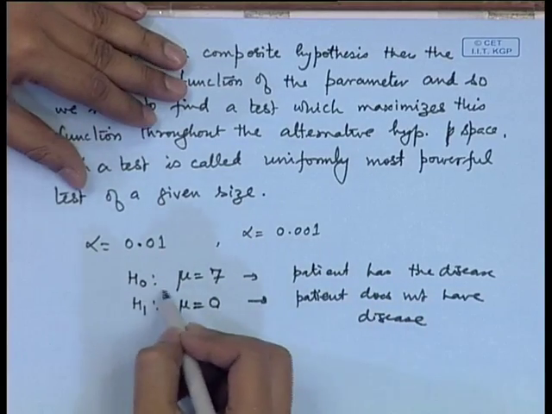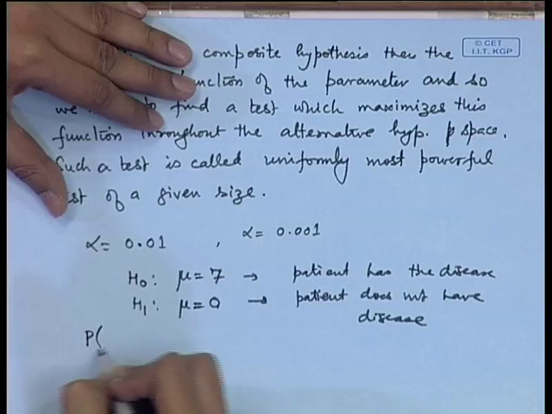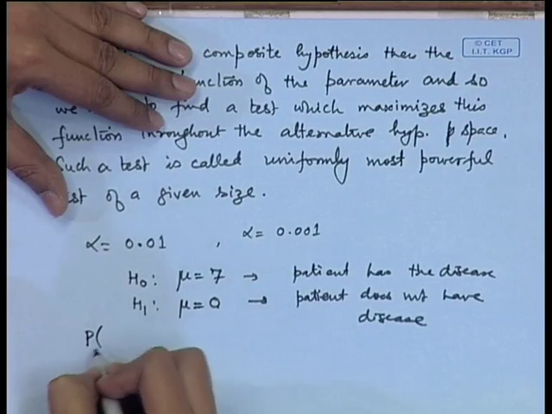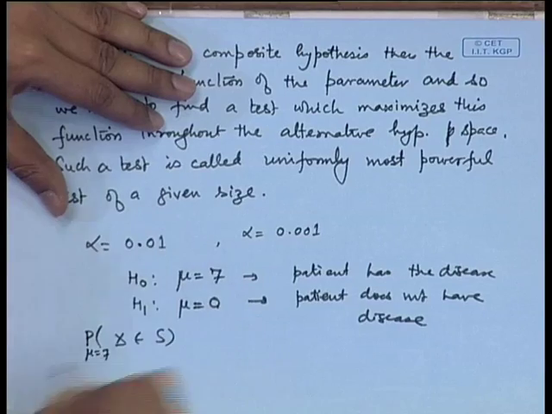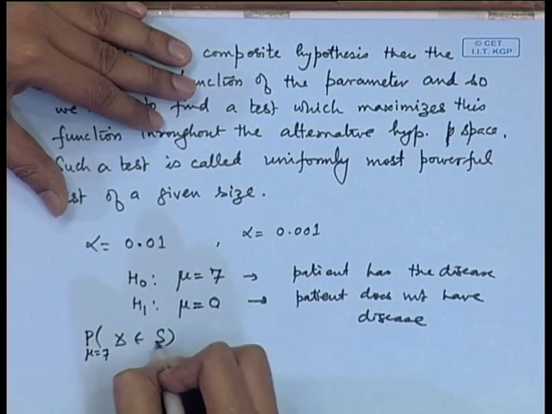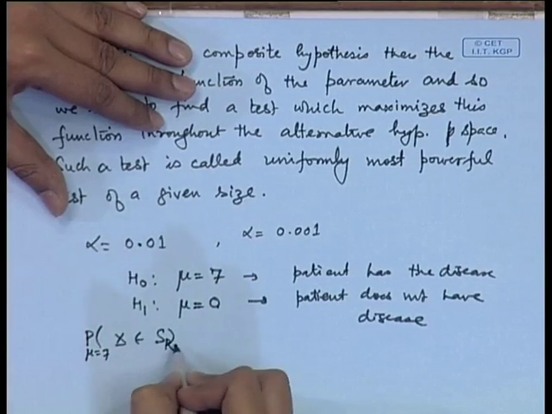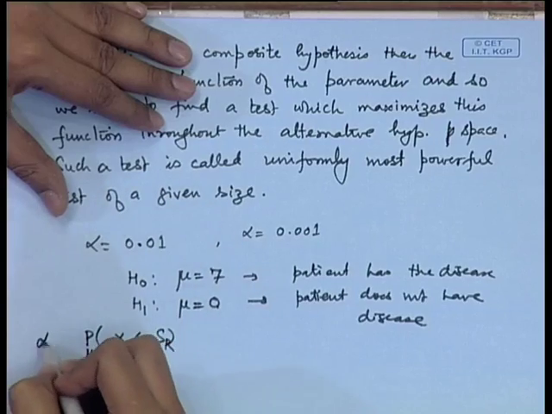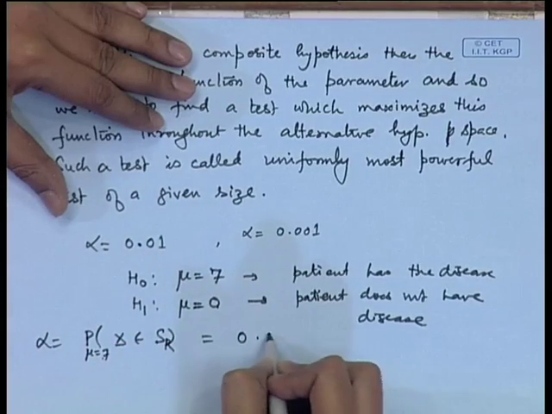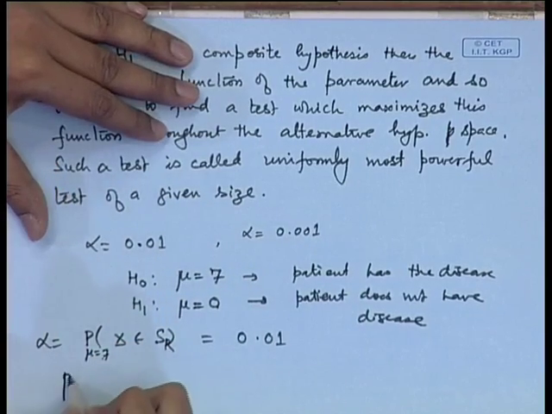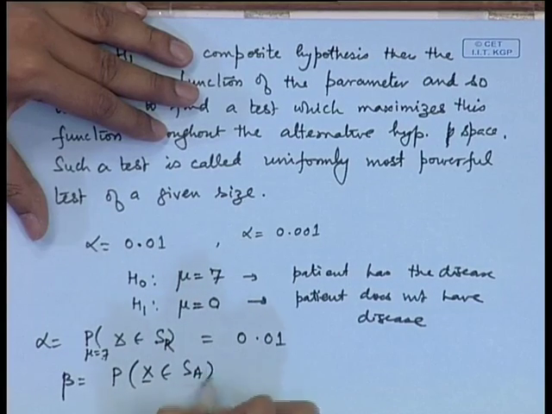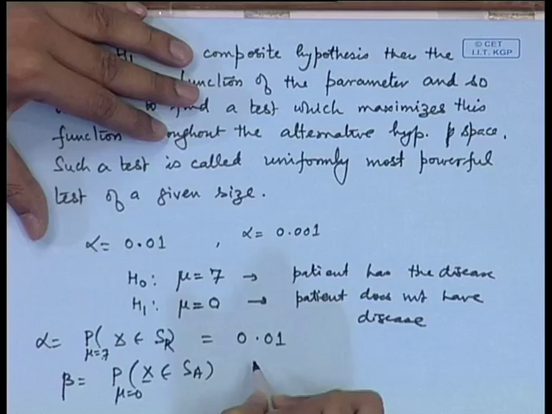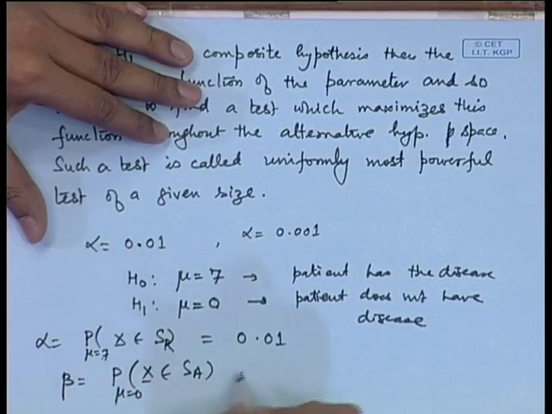In this particular case, the probability of type 1 error is, that is when mu is equal to 7, that is when x belongs to SR, the rejection region. We may put this value to be say 0.01, and now we find that region, x belonging to SA when mu is equal to 0. So, this value beta should be minimized.